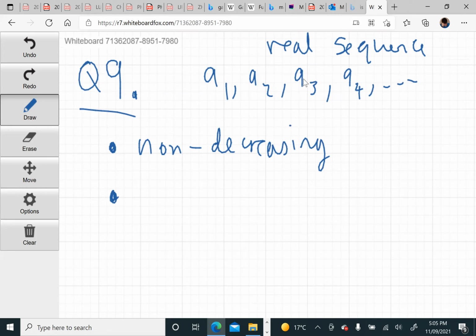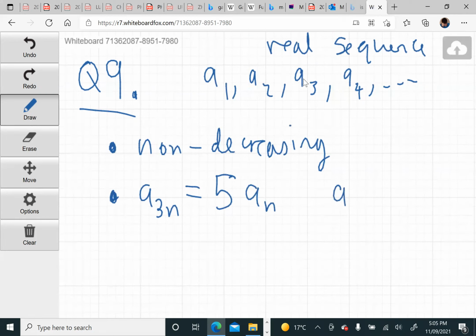Wait, was it this? 5 times AN? A2n equals, I think it was the other way around. It was A2n equals something times AN, and A3n equals something times AN. Can you remind me what it was?